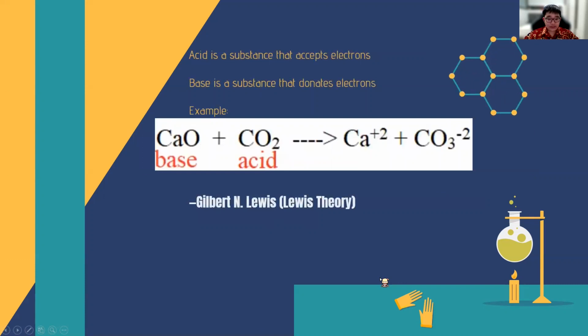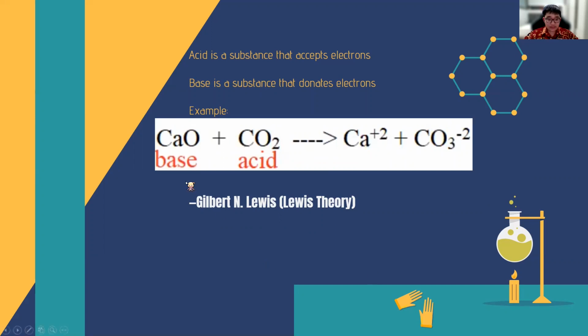For the last theory, we have the theory from Gilbert Lewis, which makes the Lewis theory. For the Lewis theory, an acid is a substance that can accept electrons, while a base is a substance that donates electrons. Actually, the Bronsted-Lowry theory and the Lewis theory are almost the same, but the Lewis theory is more correct because the protons don't move, but the electrons do.